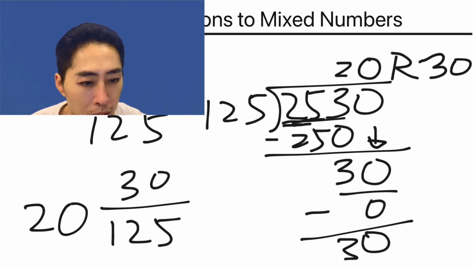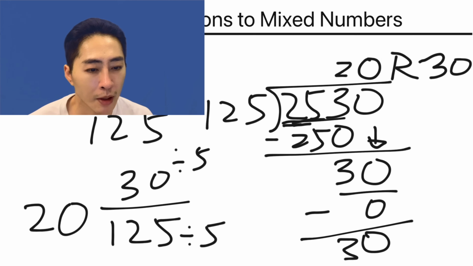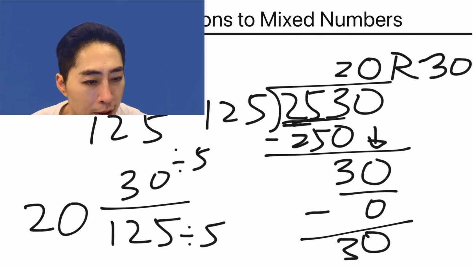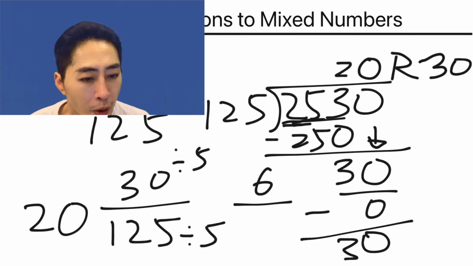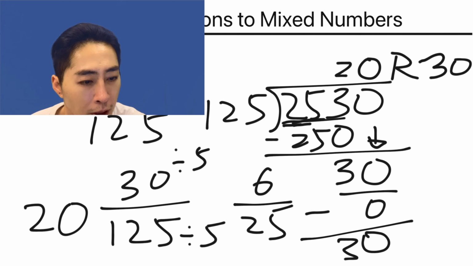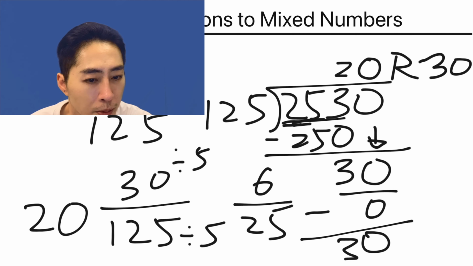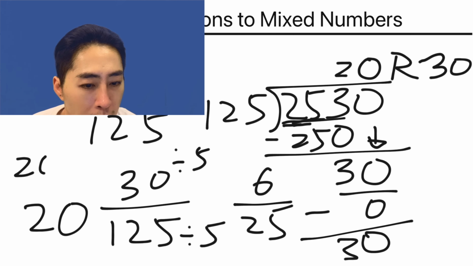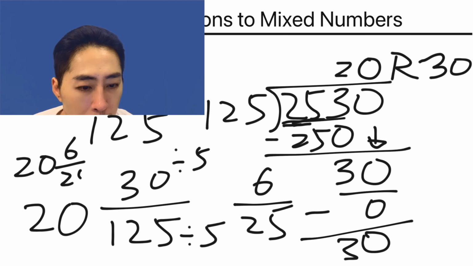So what we need to do is do the division. 30 divided by 5 is 6. 125 divided by 5 is 25. So the real answer is 20 and 6 over 25.